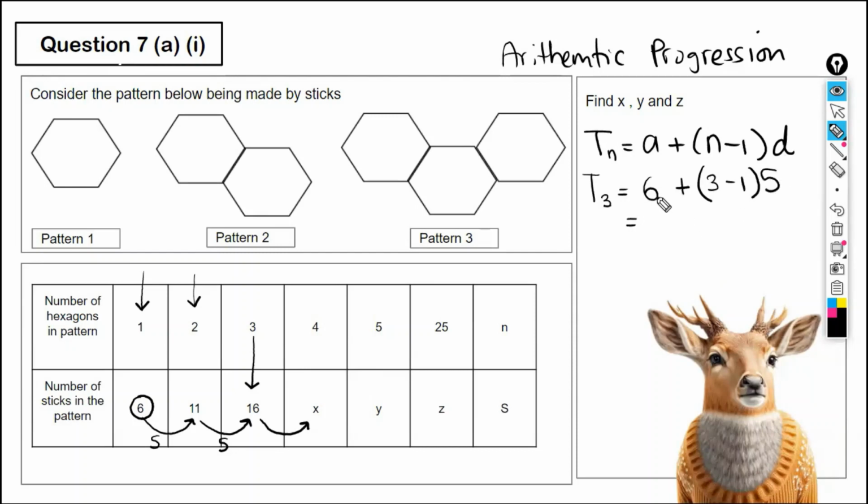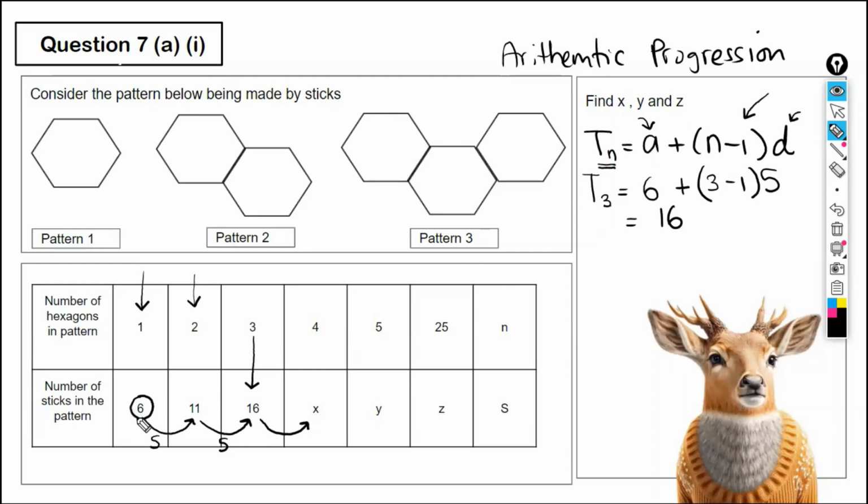If you work this out, do you think you will get 16? Let's work it out. 3 minus 1 is 2. 2 multiplied by 5 is 10. Plus 6. You will get what? 16.